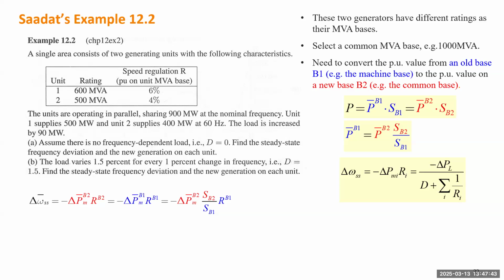And this should also be true if I switch the base. The change of the base doesn't change this equation. Then by utilizing the second formula on the right to translate per unit power from base 2 to base 1, I can just plug in the delta P base 1 here, and it will give that formula.